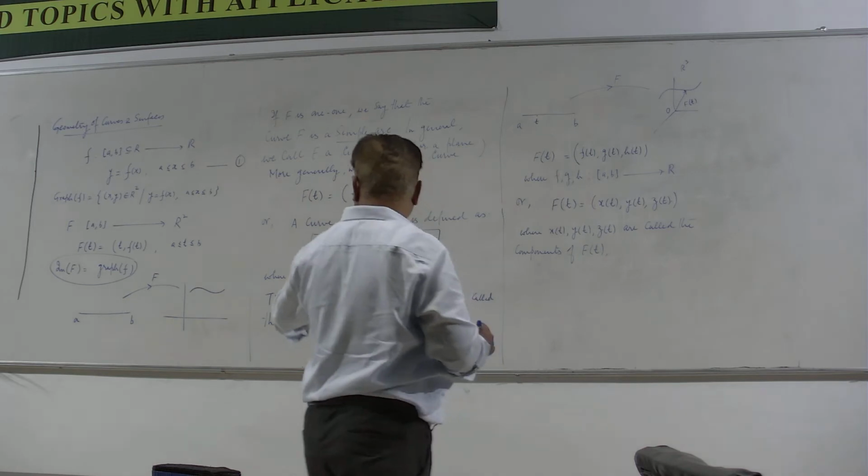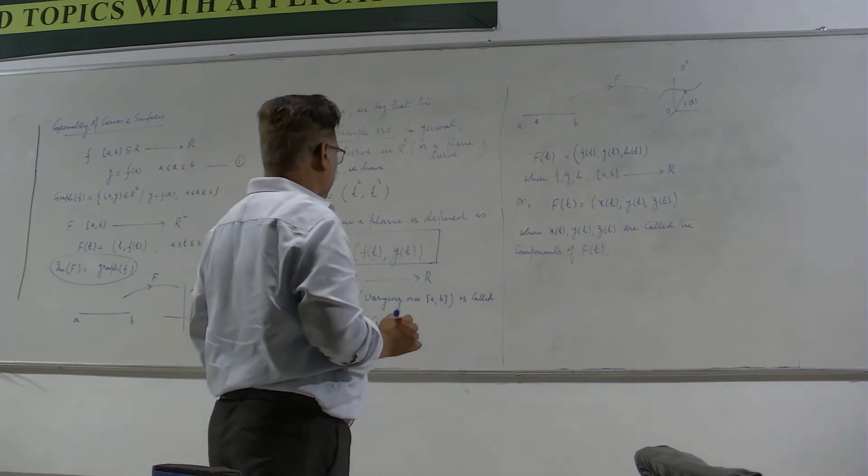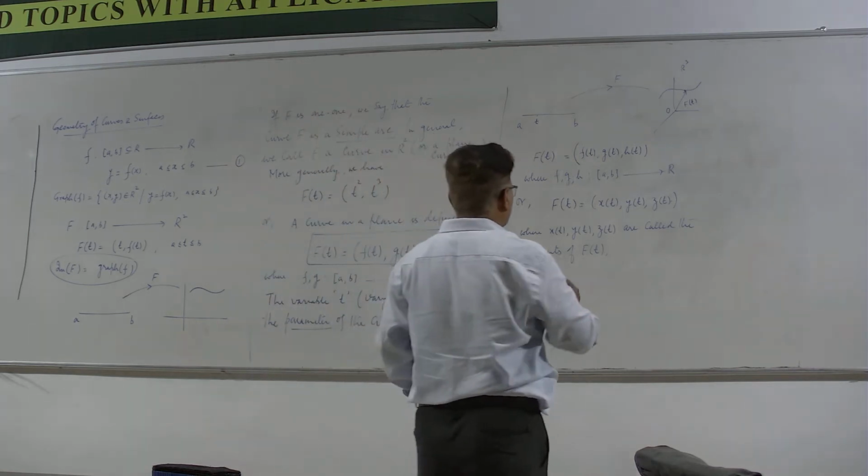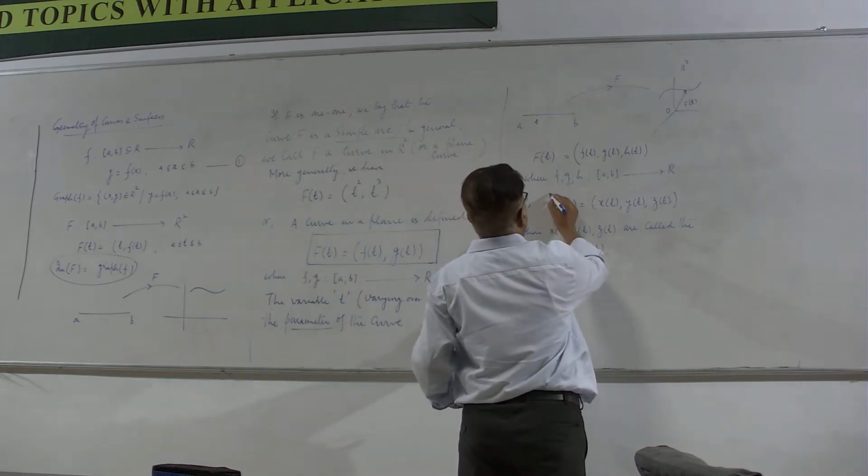The variable t, as I have told in the plane curve case, is called the parameter, and this representation is called the parametric representation.